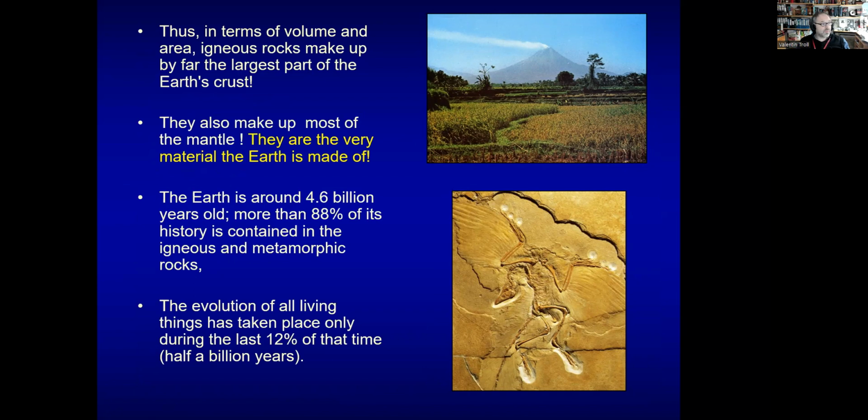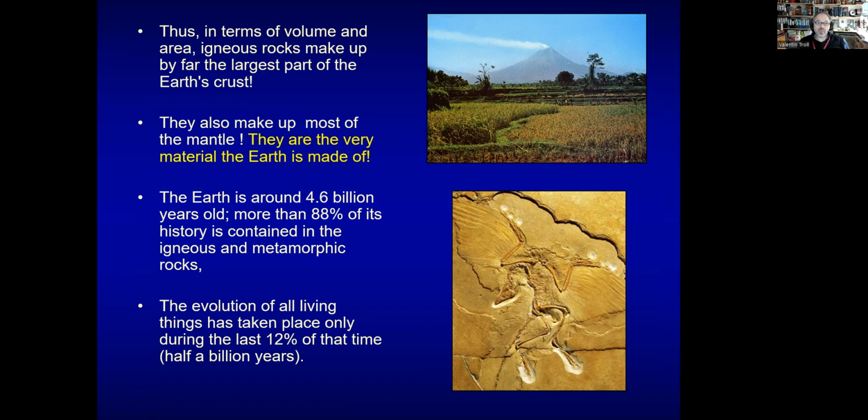The Earth is around 4.6 billion years old, and more than 88% of its history are contained in these igneous and metamorphic rocks. The evolution of living things is actually a lot younger, and while it is important and while it concerns us every day, the Earth history, in terms of life, is only spanning about 12%.